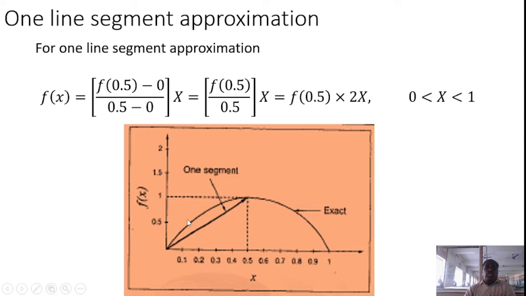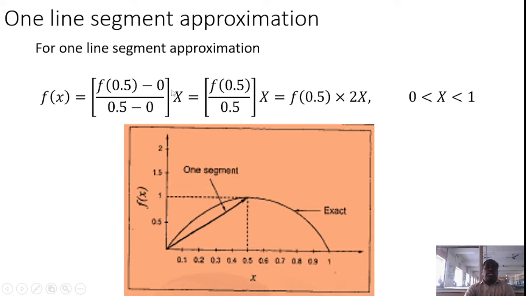Now I can do the approximation with a one line segment problem. Here, how can we get the f of x value? f of x is equal to f of 0.5, because the one line segment starts from 0 and ends at the point 0.5. So the function of 0.5 is our end point minus f of 0, the start point. So f of 0.5 minus 0, and at the bottom in the x axis I have 0.5 and 0. 0.5 minus 0, multiplied by the overall function, which is x.